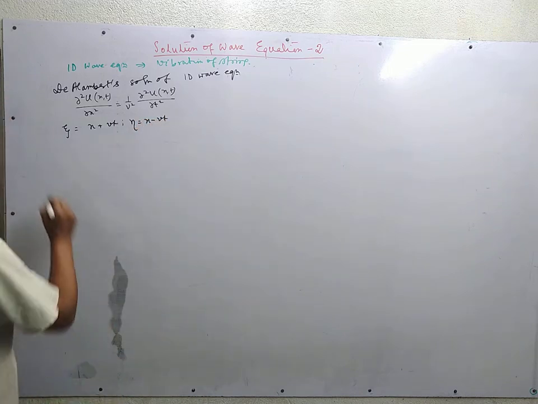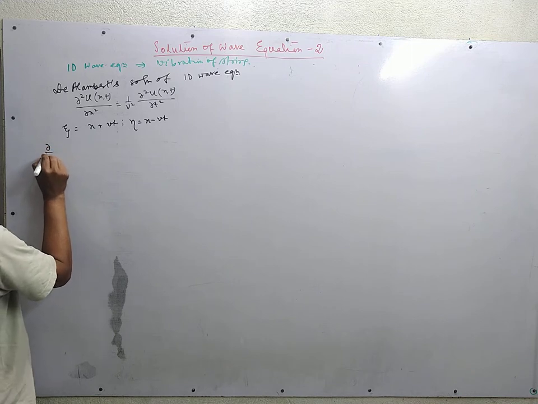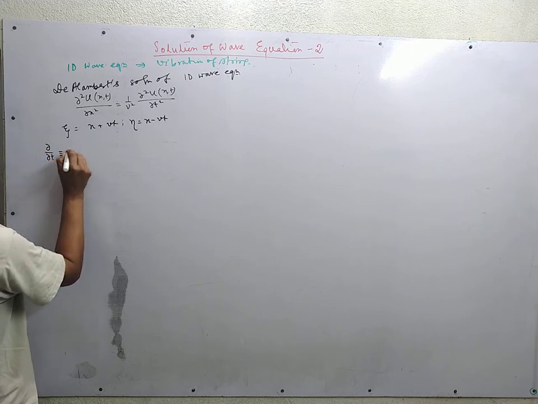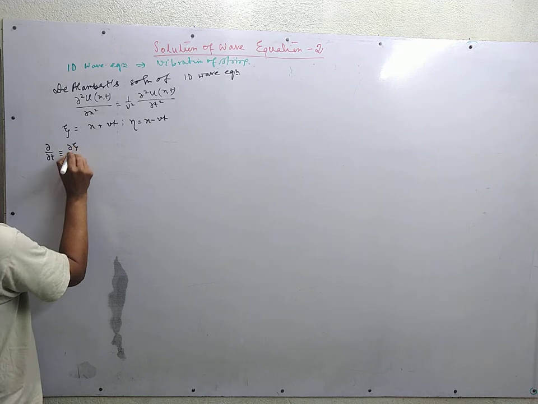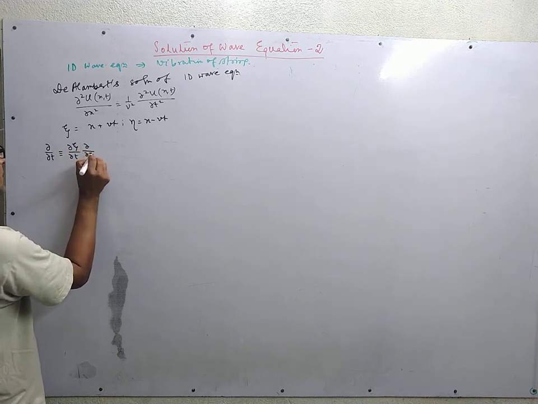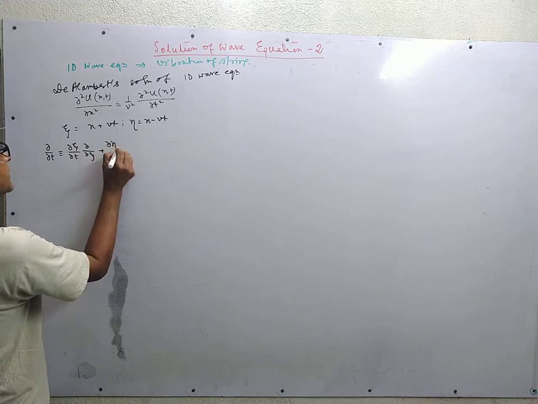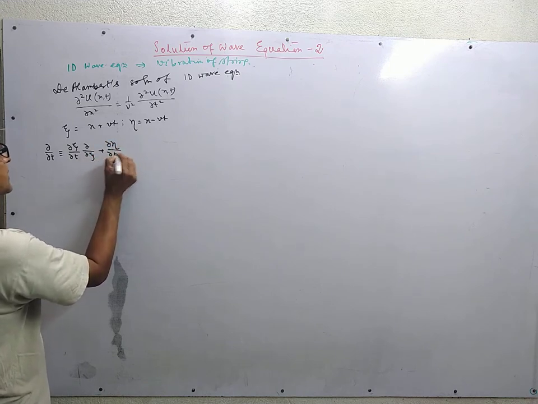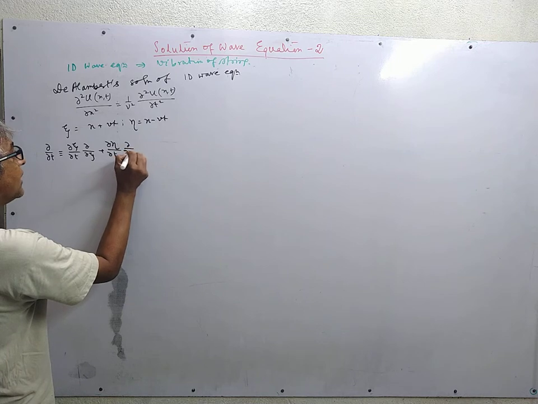So when we take the partial derivative with respect to t, this becomes del xi by del t del by del xi plus del eta by del t del by del eta.